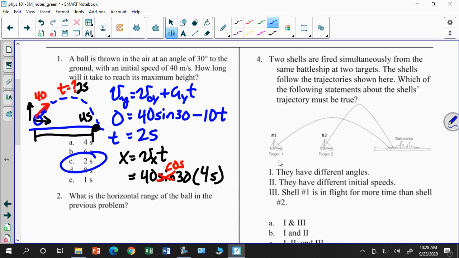How about number 4? Which of these statements is true? Do each of these have different angles? Number 1 and number 2, they have different angles? Yeah, they have different angles. Number 2 is a steeper angle. They have different initial speeds?